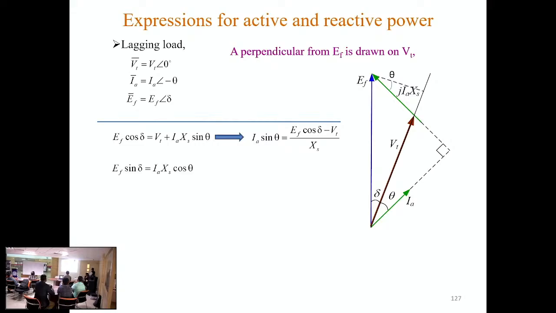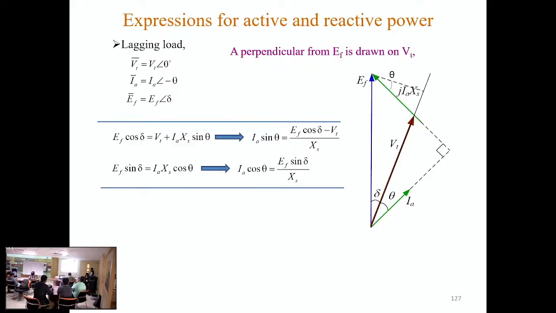Ef sin delta is this length, which is the cosine component of this length, that is Ia Xs cos theta. From here we write Ia cos theta equals Ef sin delta by Xs. Now using these two expressions we will find the power angle characteristic, or power angle equation.